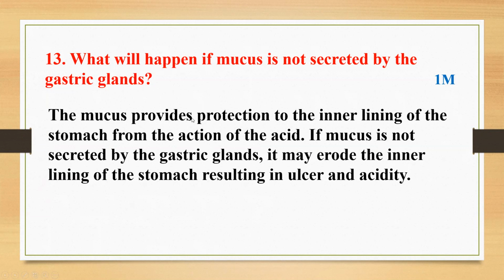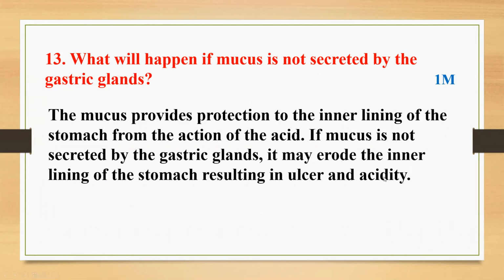The mucus provides protection to the inner lining of the stomach from the action of the acid. If mucus is not secreted by the gastric glands, it may erode the inner lining of the stomach, resulting in ulcer and acidity. Understood?